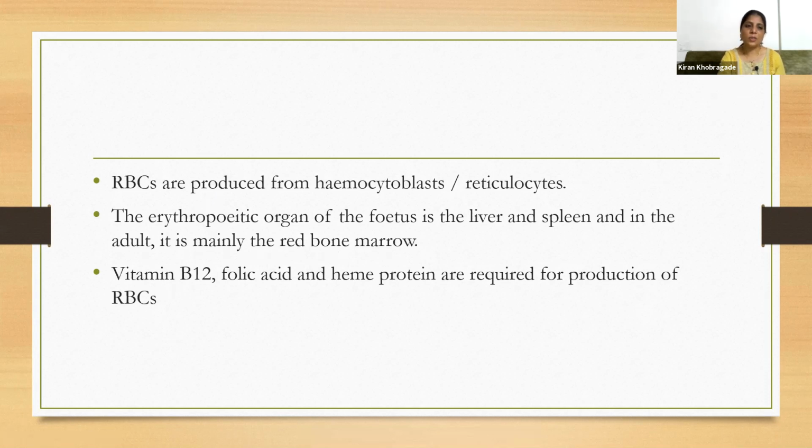So that is called the erythropoietic organ. Now, vitamin B12, folic acid, and heme protein are all required for production of RBC cells. If you have a good amount of vitamins and folic acid, then you will never suffer from deficiency of RBC, that is anemia.